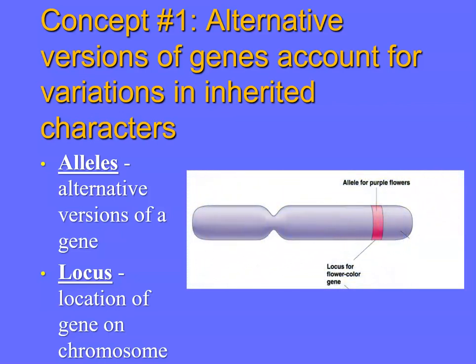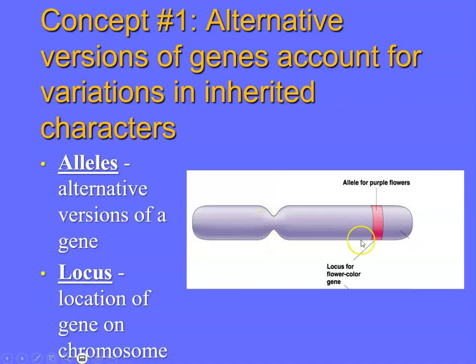First concept is that alternate versions of genes account for variations in inherited characters. Here's a chromosome, one single chromosome, not duplicated, and on that chromosome, there's going to be genetic information that's carried. For example, on this chromosome is the genetic information for flower color.